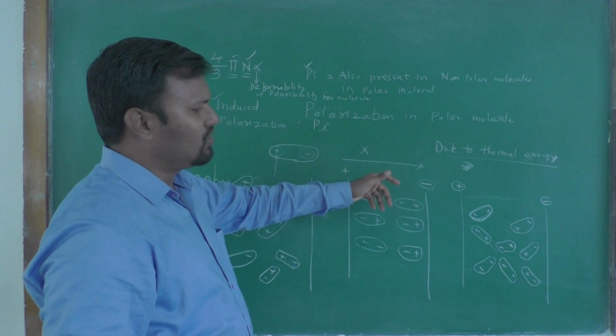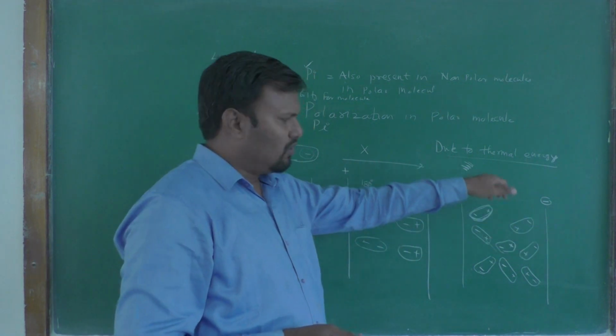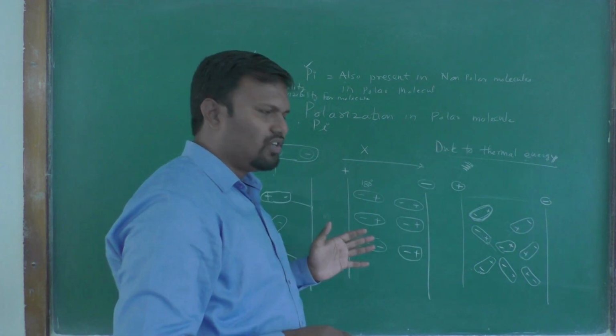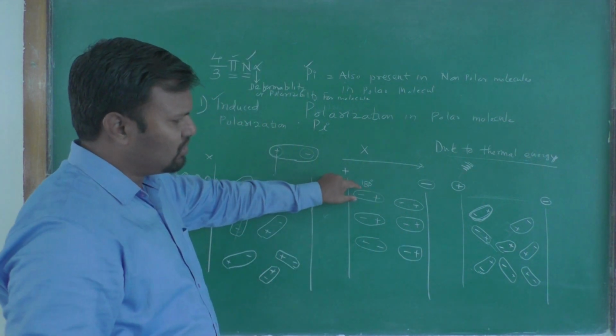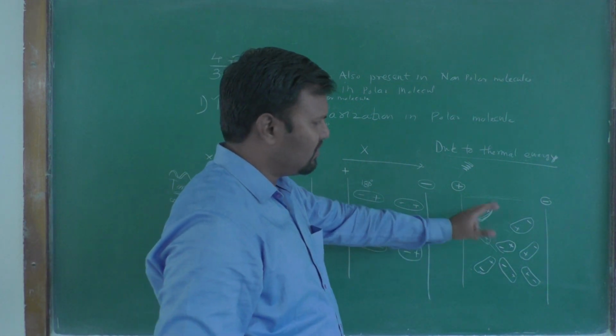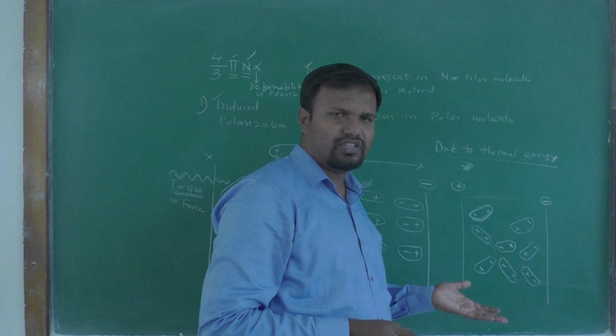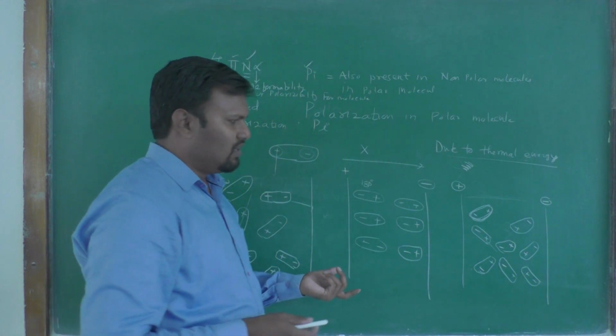The more temperature you give to the system or the molecule, the more its polarizability decreases. Polarizability is higher in the case where it is aligned in the electric field. But for this polarization, it is less, because it is not aligned perfectly in the electric field.